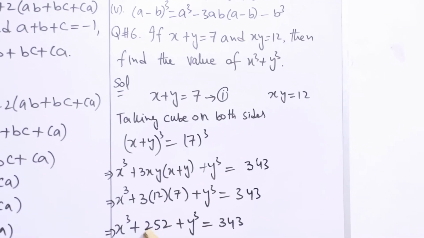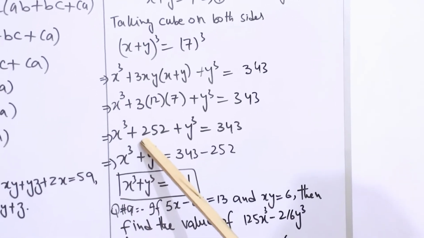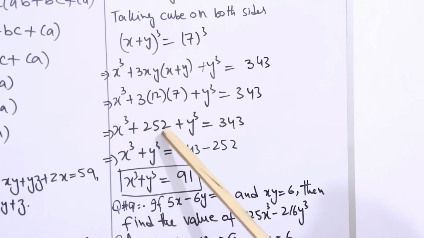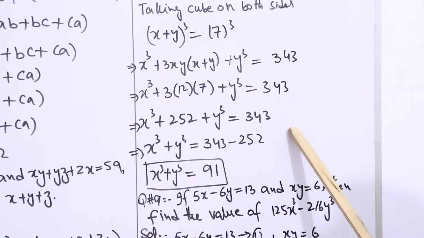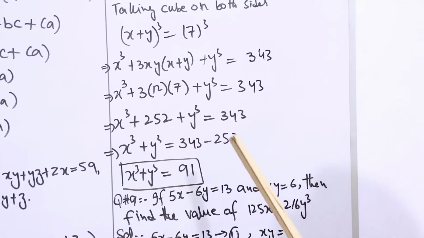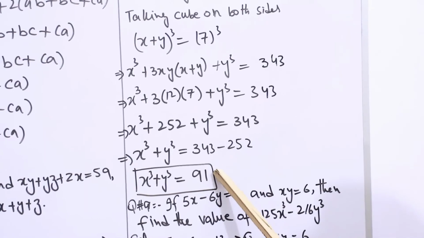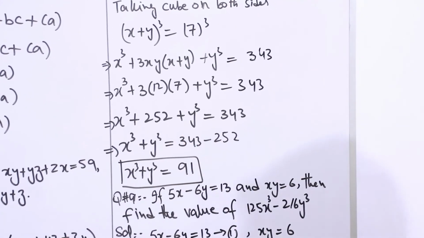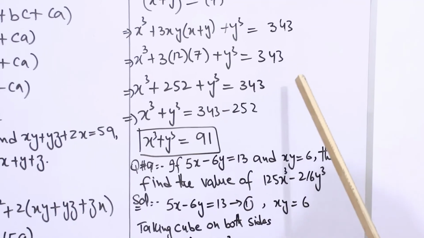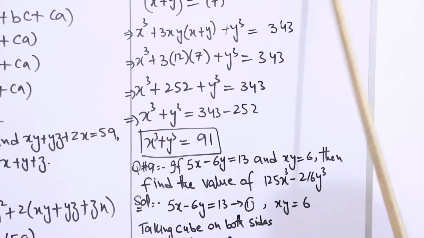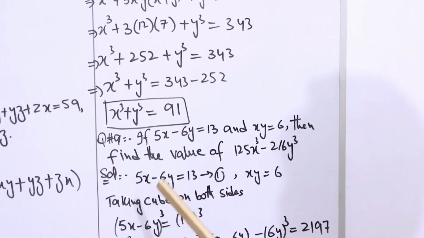After multiplication, we have the result 252, and we have to shift this to the right side, and after subtraction we have the required result. Questions 7 and 8 you can solve in a similar pattern.